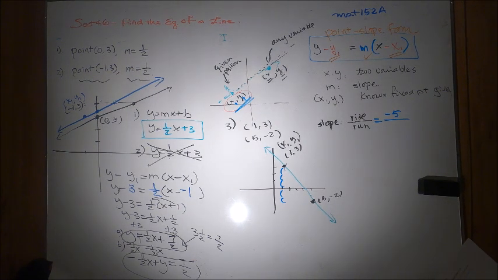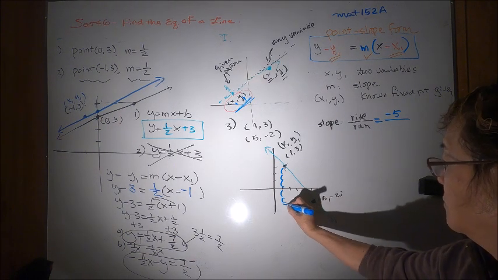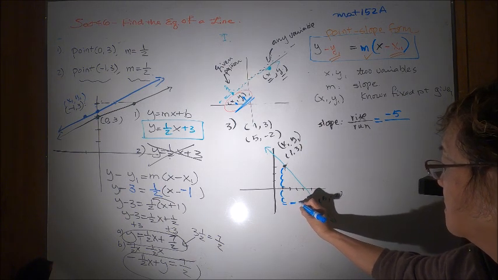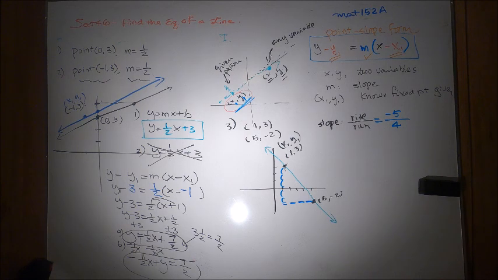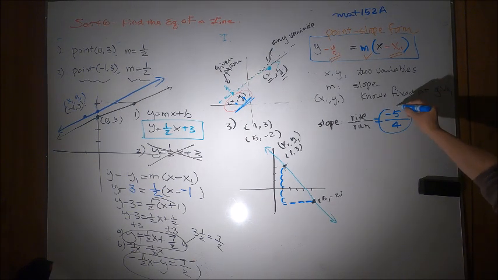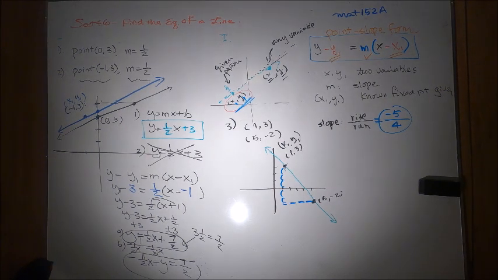And run over how many? 1, 2, 3, 4. So it's 4, right? So your slope is what? -5/4, right? So if you are given 2 points, then you want to find the line.